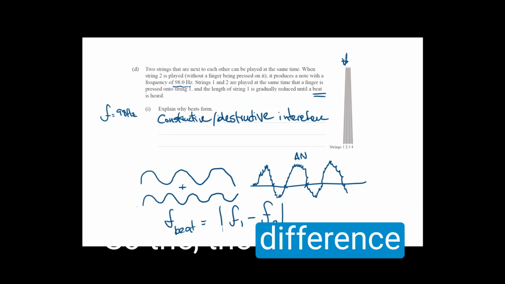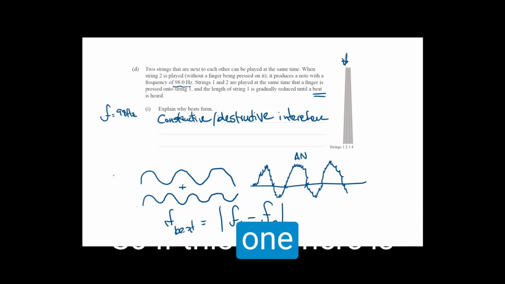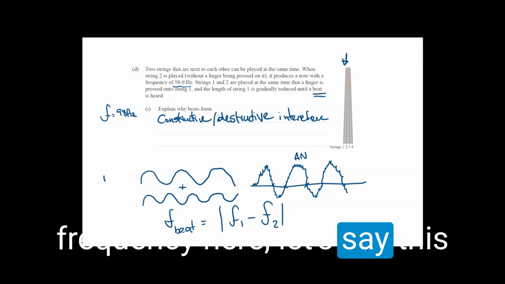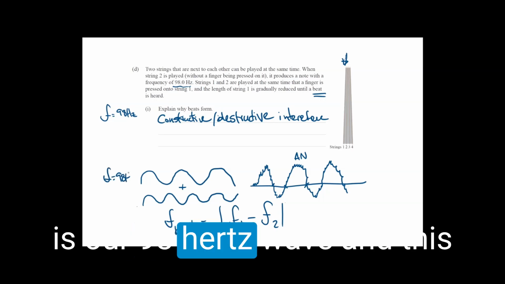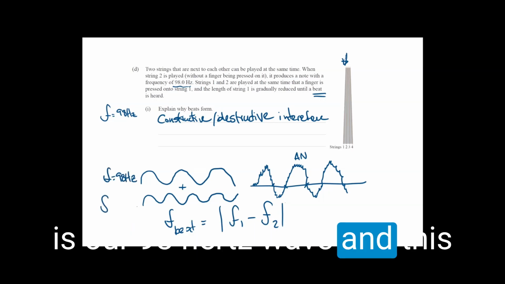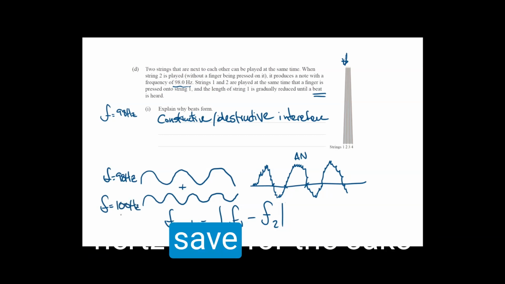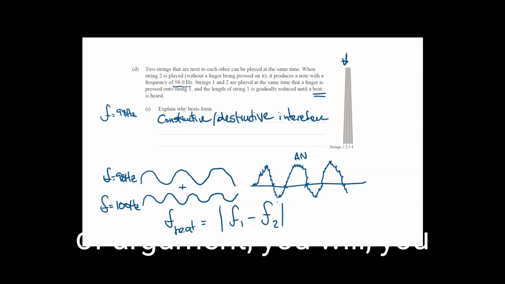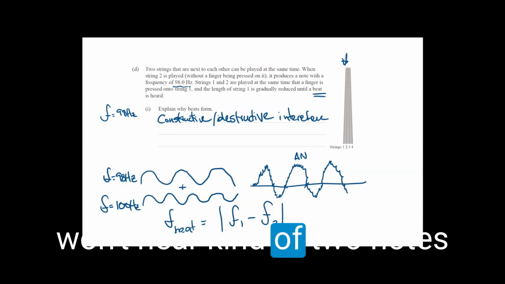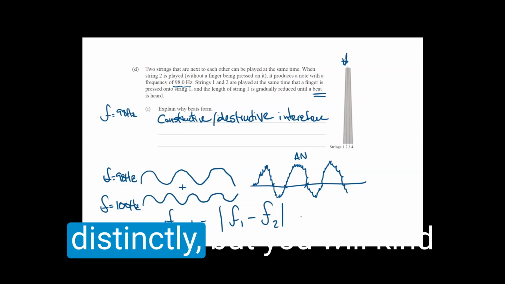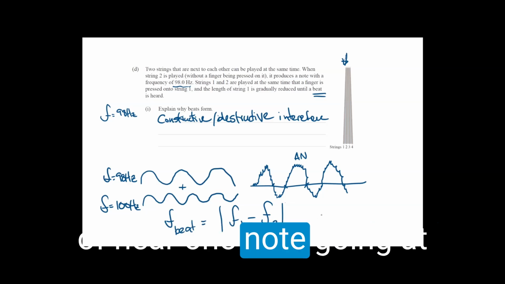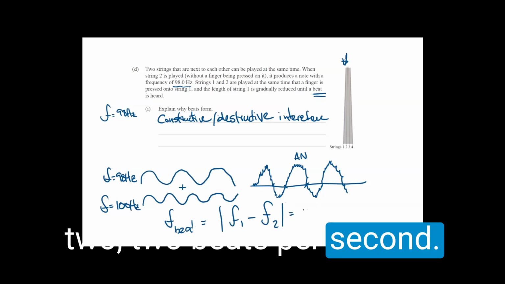So the difference is the beat. If this is our 98 hertz wave, and this one is our 100 hertz, say for the sake of argument, you won't hear two notes distinctly, but you will hear one note going at two beats per second.